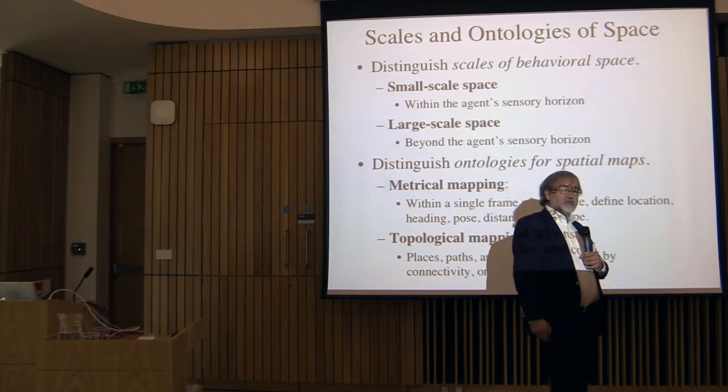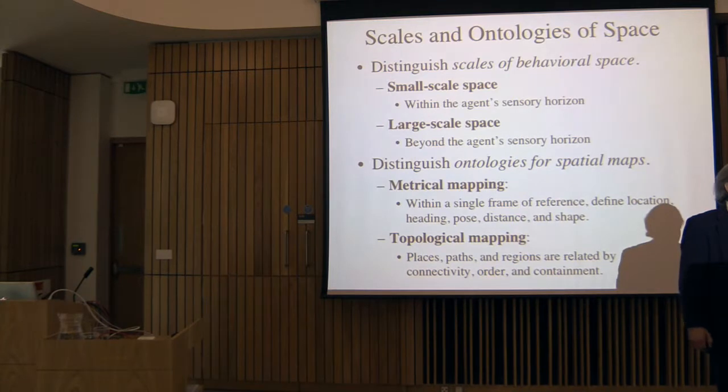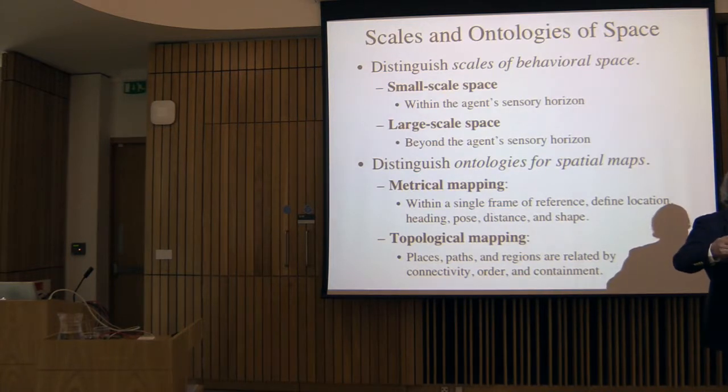One of the things that's obvious but often escapes notice is that if you're drawing a map on a piece of paper, the piece of paper has a single frame of reference. Every time you put a new point on that piece of paper, it inherits a spatial relationship with every other point that's already on that map. And it's quite clear that's not something that's true of cognitive maps.